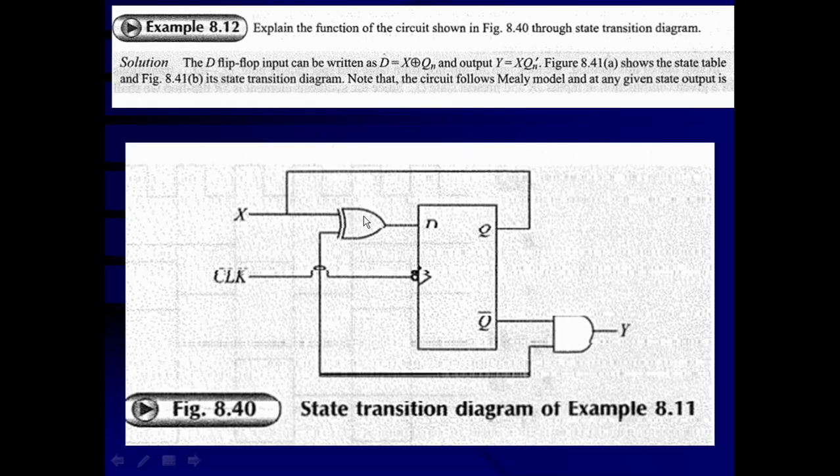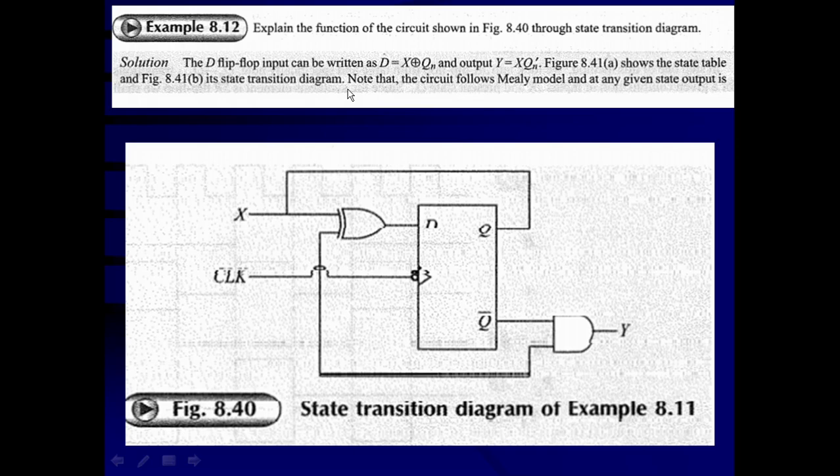That is the input for the exclusive OR gate, and that output is given as the D input for the flip-flop. And output Y is equal to X Qn bar. Figure 8.14a shows the state table, and figure 8.14b its state transition diagram.